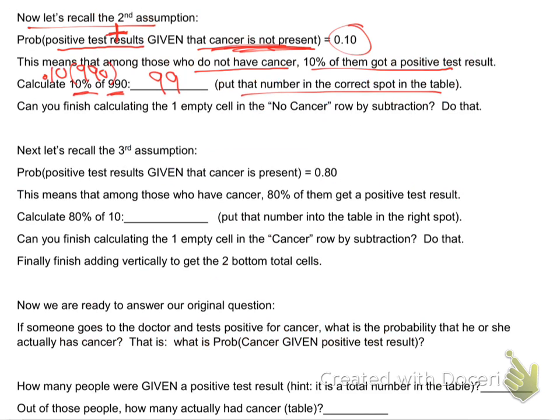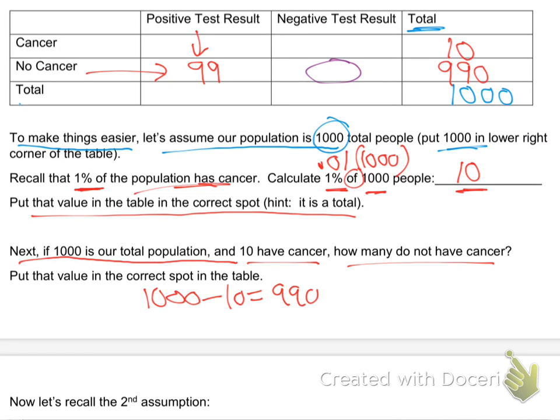Next, it says, after calculating, can you finish calculating the one empty cell in the no cancer row by subtraction? Can we get this? If 99 people are here, what is here to make 990 total? You've got to subtract them. We good?